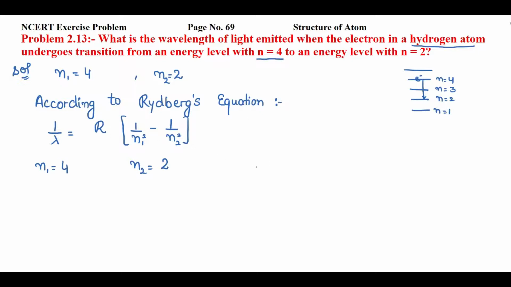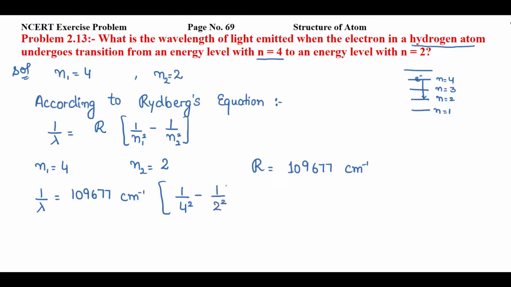And this R is Rydberg's constant and its value is 109,677 centimeter inverse. We'll put the values over here. So 1 by lambda equal to 109,677 centimeter inverse into (1 by 4 square minus 1 by 2 square).